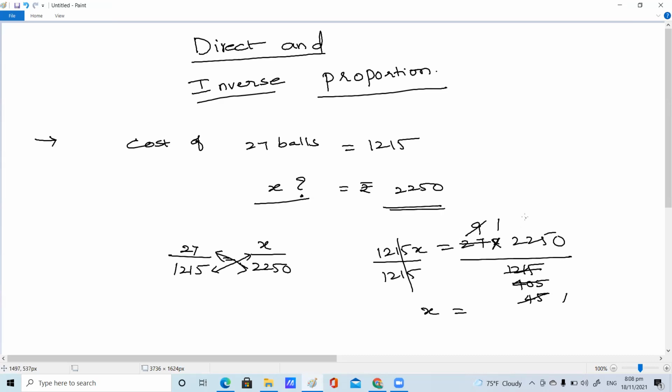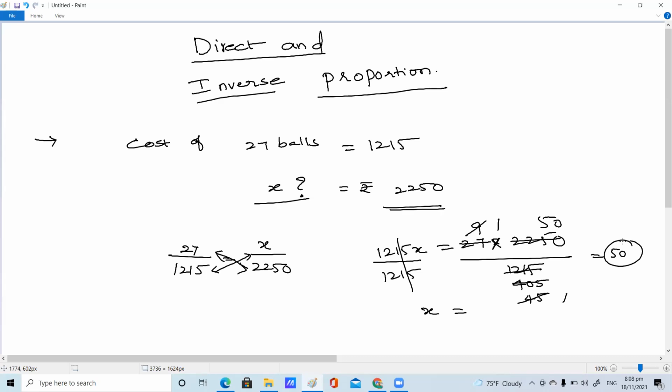And 180 plus 45. How many balls are you purchasing? 50 balls. So you are purchasing 50 balls for rupees 2250.